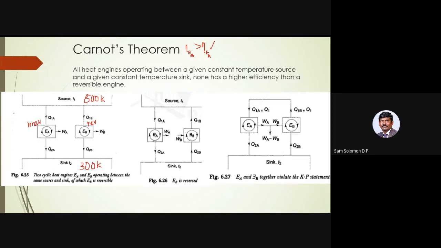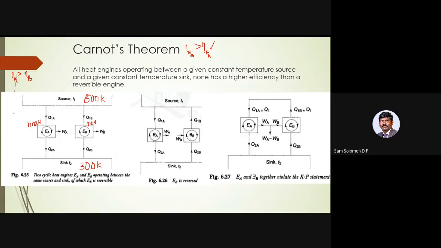That is what Carnot's theorem is telling us. But let's start by assuming that I don't believe in Carnot's theorem. So I am going to say the efficiency of engine A is greater than the efficiency of engine B. I am saying engine A, the irreversible engine, has more efficiency than the reversible engine B.